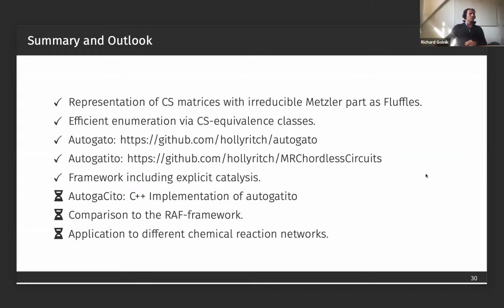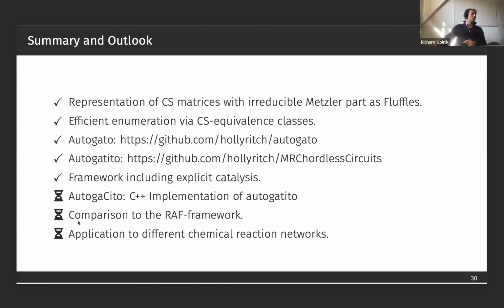And as I said at the beginning, we also now have a framework including explicit catalysis, and we are translating Autocatalytic, which is implemented in Python, into C++, because in Python, whenever you want to have real parallelization, you need to copy large data structures such that the different processes can access them separately.